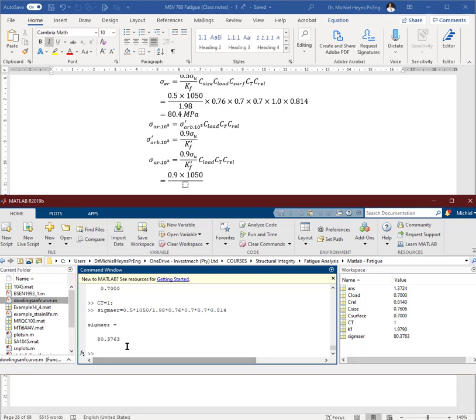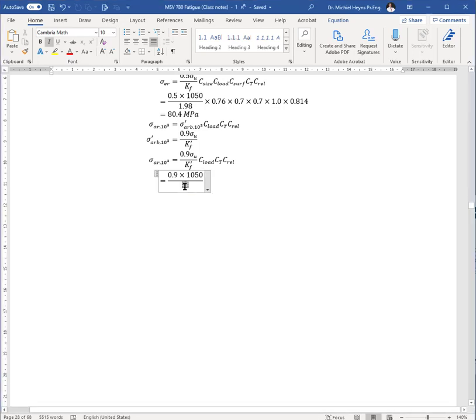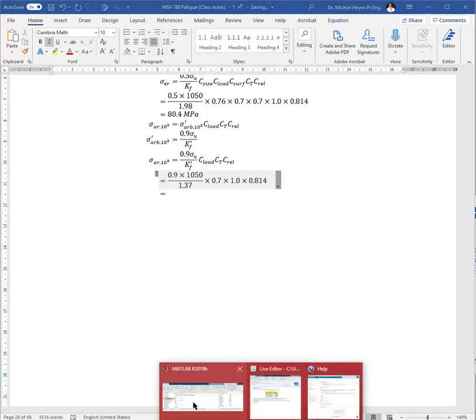So let's say Kf accent is equal to 1.3724, but we're not going to look at all those. So it's times C load, which was 0.7, times C temperature, which was 1.0, times reliability, which was 0.814. And if I calculate this, I get the following.